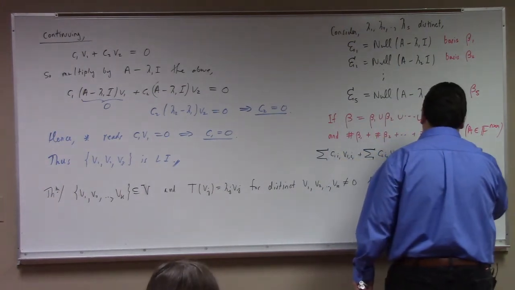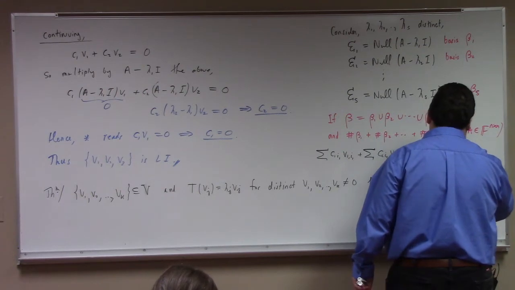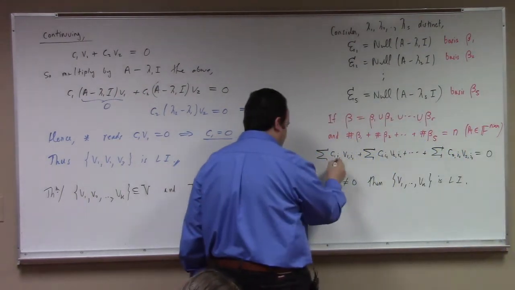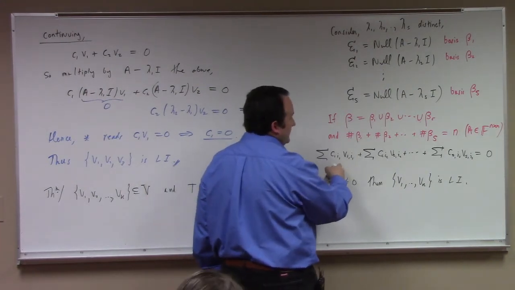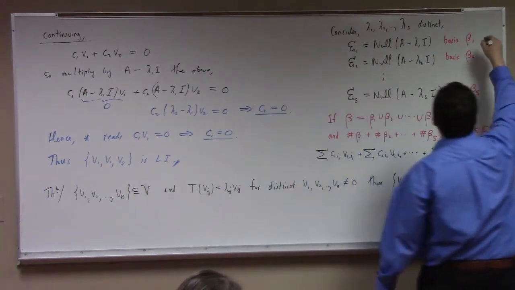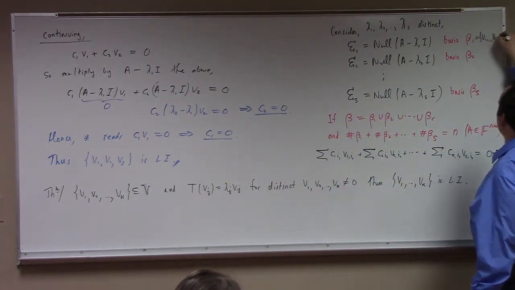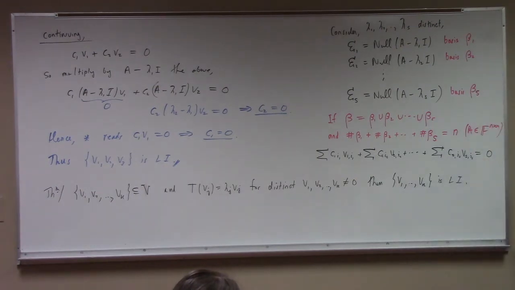Sorry, I didn't want to get into this much detail. What I'm saying is each one of these sums is taken over the basis. Let me just say it in words rather than writing more letters.